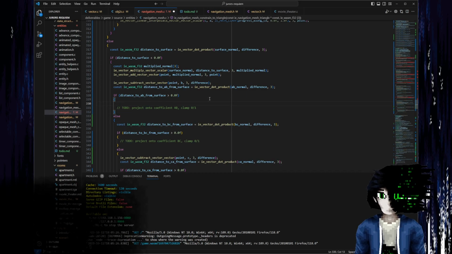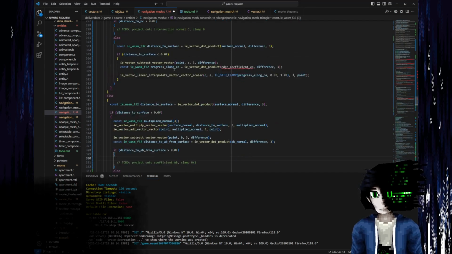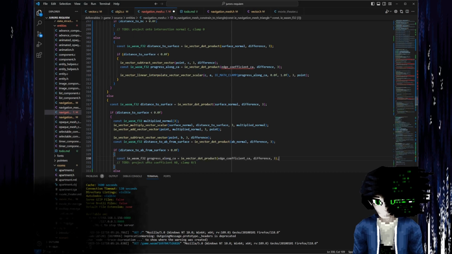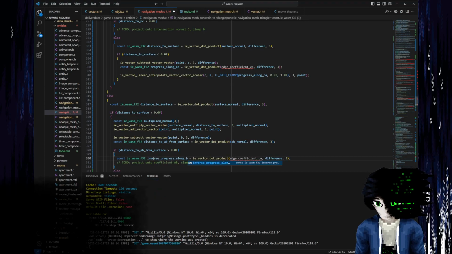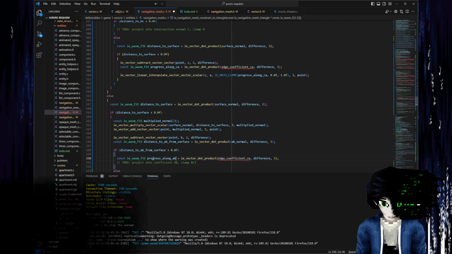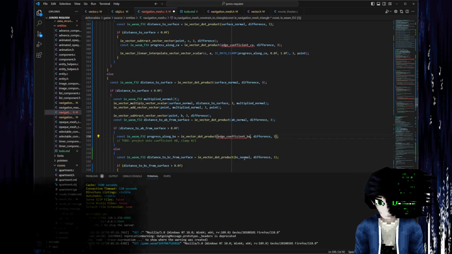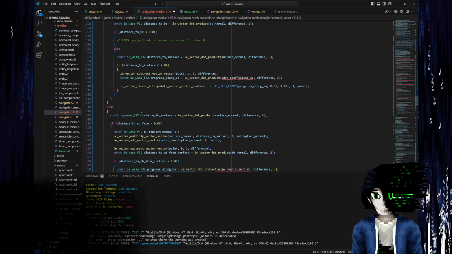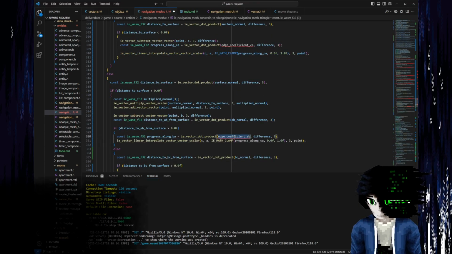Okay, so we have point B here, so we have an inverse progress along AB. Let's call that progress along BA, because that's basically what it is. And then we linearly interpolate to calculate where we end up on that line.